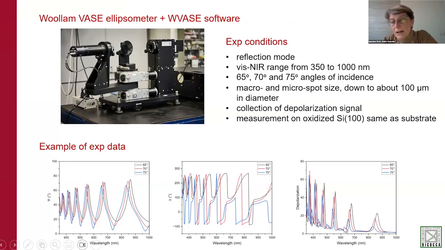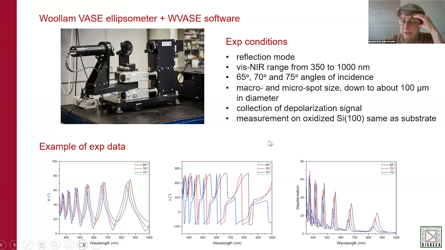This is rather bad, in the sense that depolarization expresses how much light gets depolarized upon reflection. We are working in reflection mode, so it's a measure of how homogeneous the sample is, how good the measurement is given some critical characteristics of the sample. This is something we always measured and tried to model.